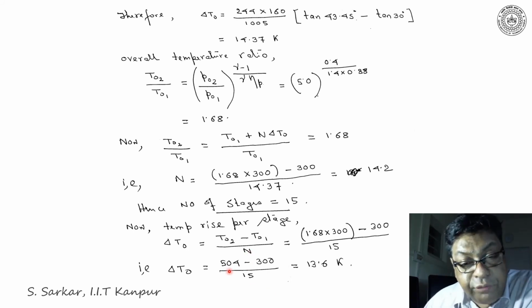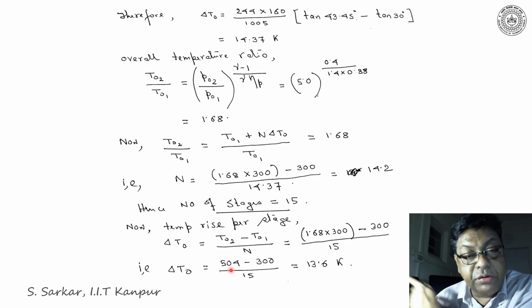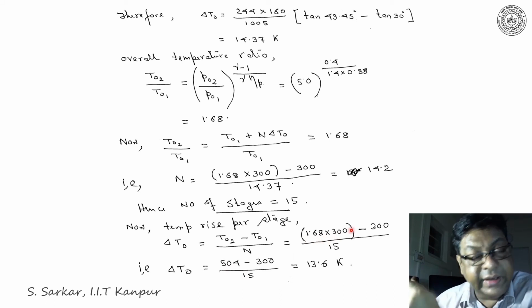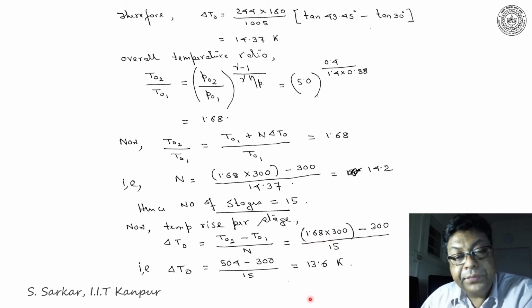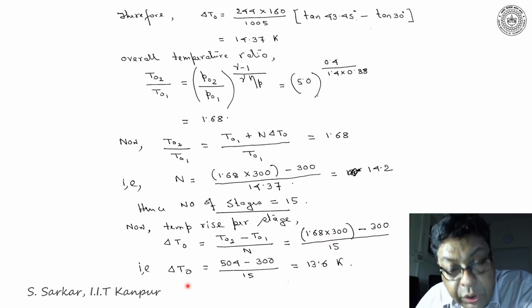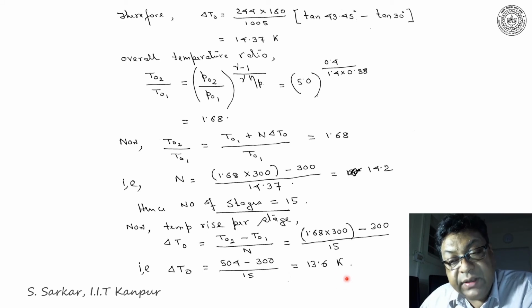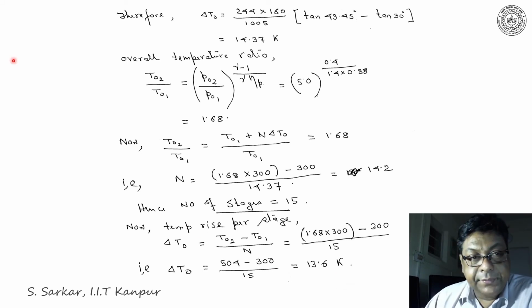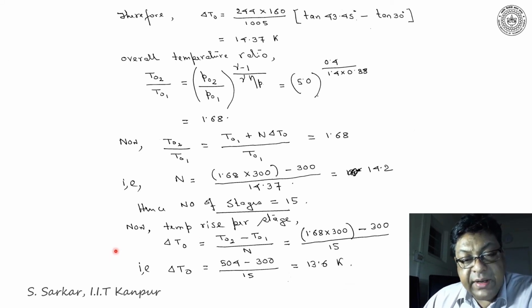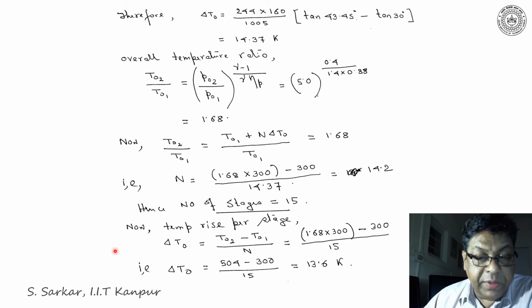So 504 is equal to T02, which is 1.68 into 300. So del T0 now I have got as 13.6 K. So considering number of stages as 15, the stage temperature rise would be 13.6 K.